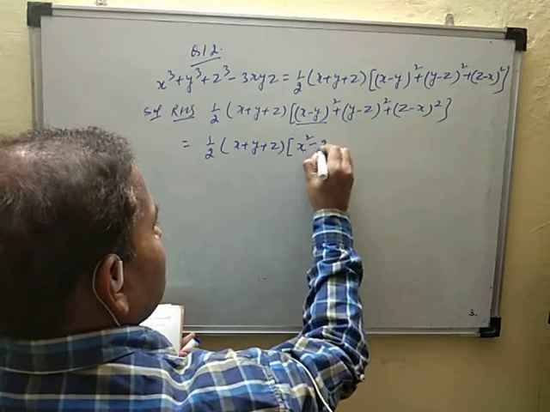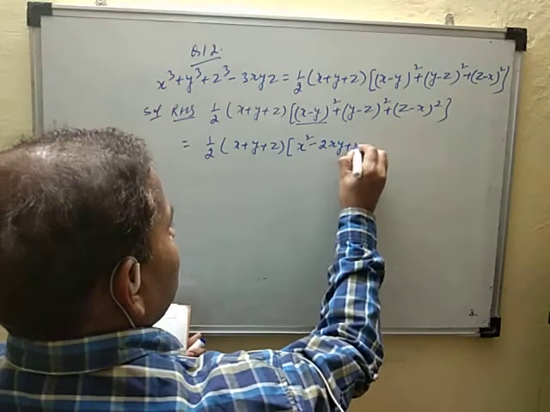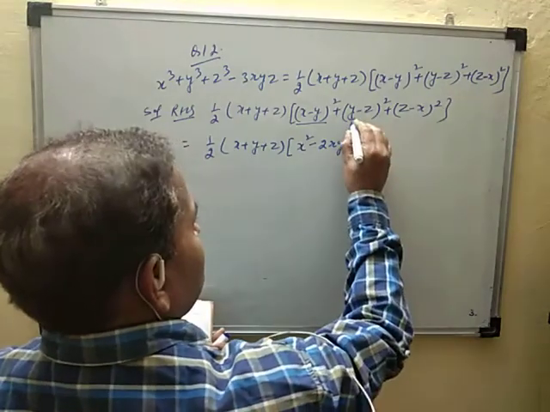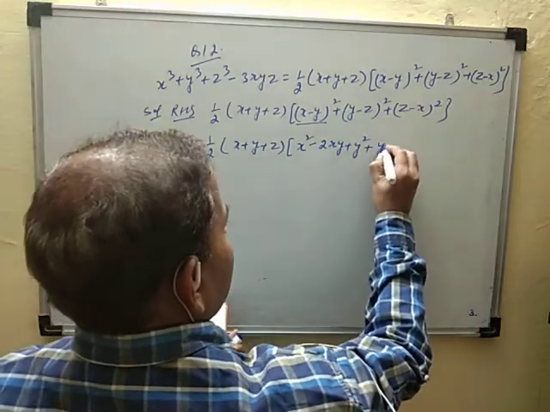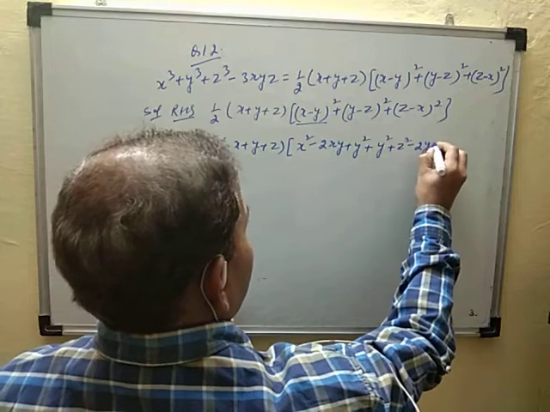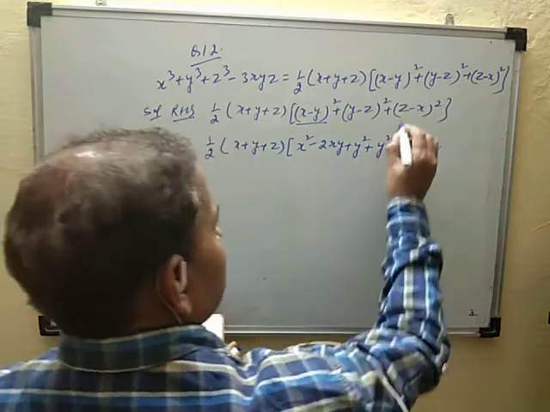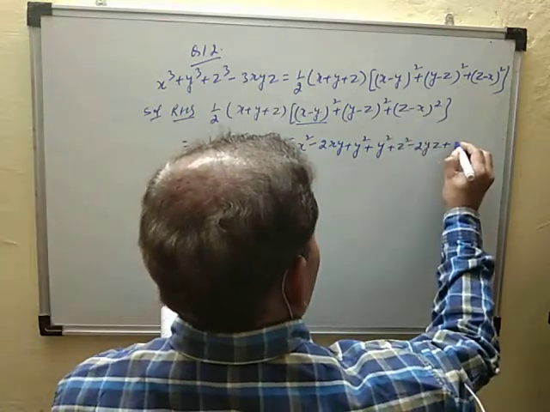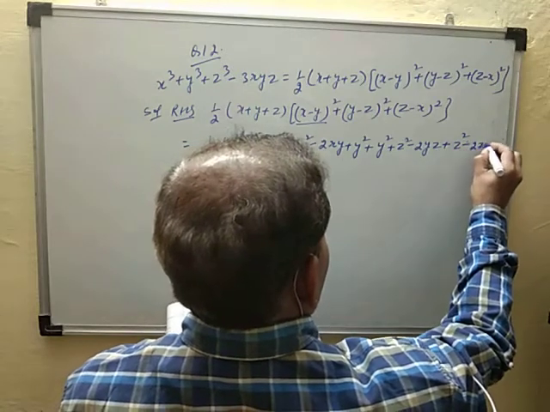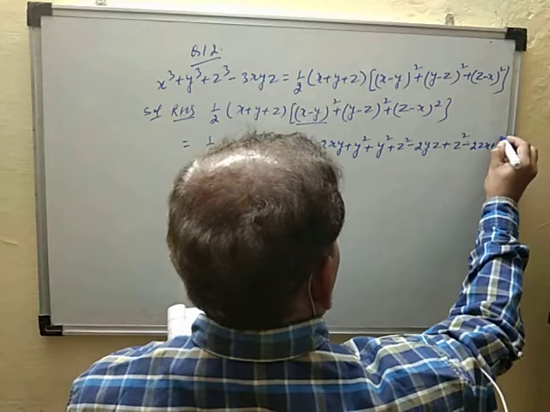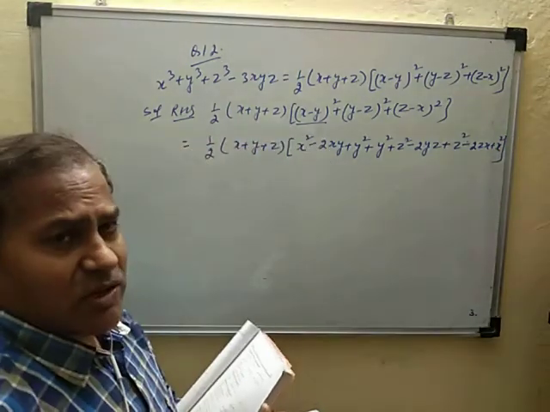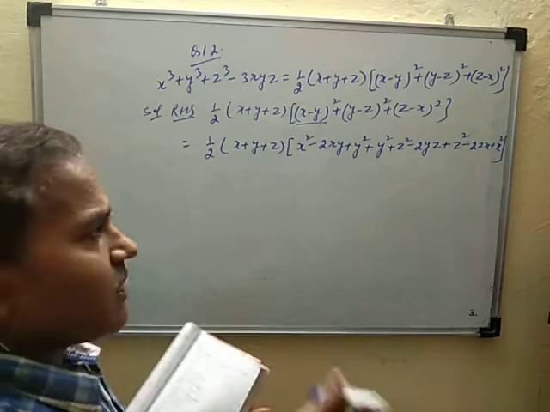That is x square minus 2xy plus y square, plus (y minus z) whole square, that is y square plus z square minus 2yz, and (z minus x) whole square, z square minus 2zx plus x square. So we expanded using the (a minus b) whole square formula.